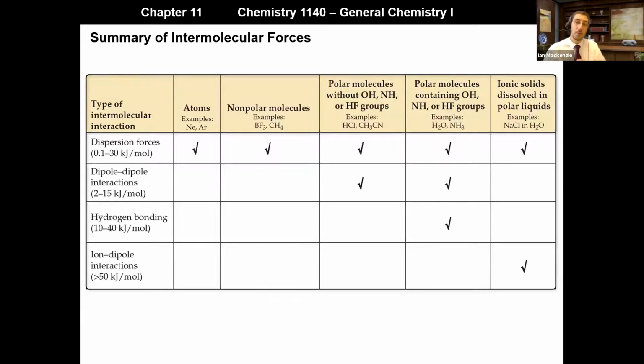If I have a polar molecule that contains those OH, NH, or HF bonds, then I will have, in addition to the normal dipole-dipole, hydrogen bonding, very specifically. So that will be another additional type of intermolecular force. And then finally, if I've got ionic solids that are dissolved in polar liquids, those will also have dispersion forces, but then they will have ion-dipole interactions as well.